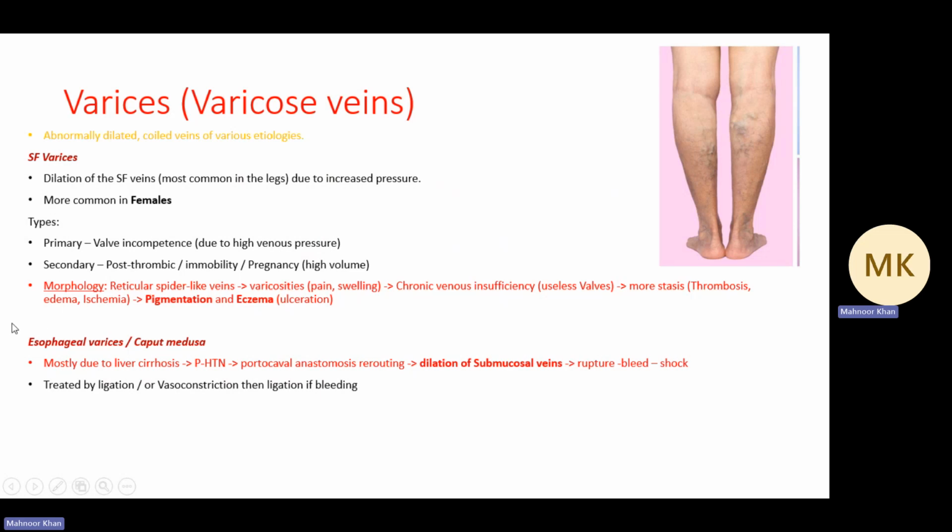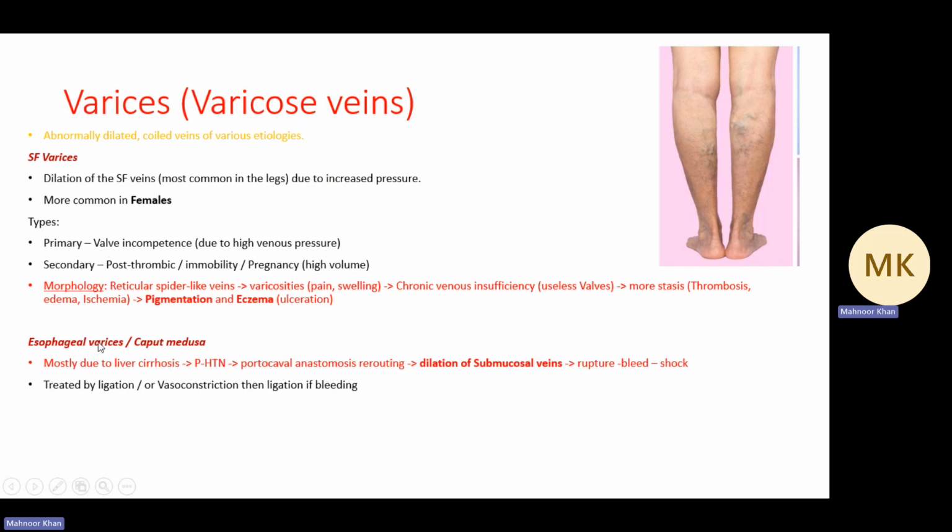The second type of varicose veins are esophageal varices, also known as caput medusa, mostly due to liver cirrhosis and resulting in portal hypertension. That in turn results in portocaval anastomosis, rerouting, and dilatation of the submucosal veins, which finally leads to rupture, bleed, and shock, and then death.